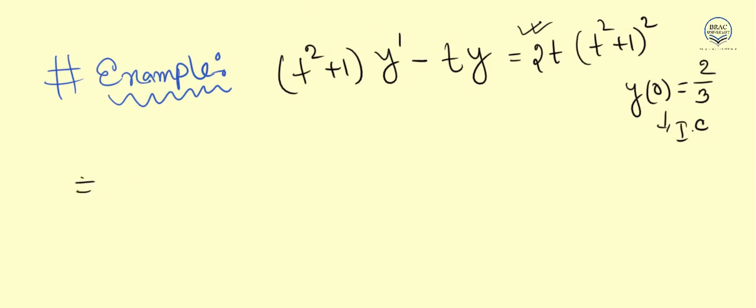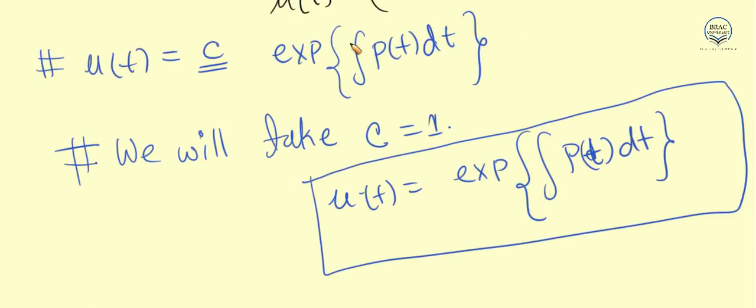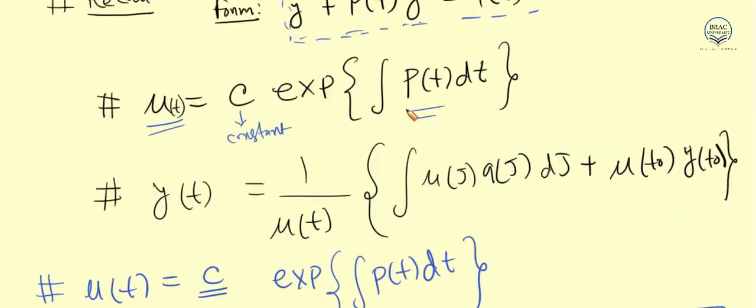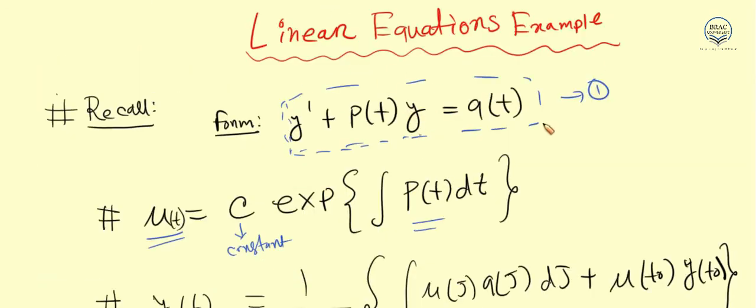So the first thing we need to do is bring it into a standard form. To do that, we want to divide this whole equation by t square plus 1. The reason I'm doing that is because if you notice, y prime was just standing over there, but there was no guy on the left or right. That's the kind of form that we want to achieve.